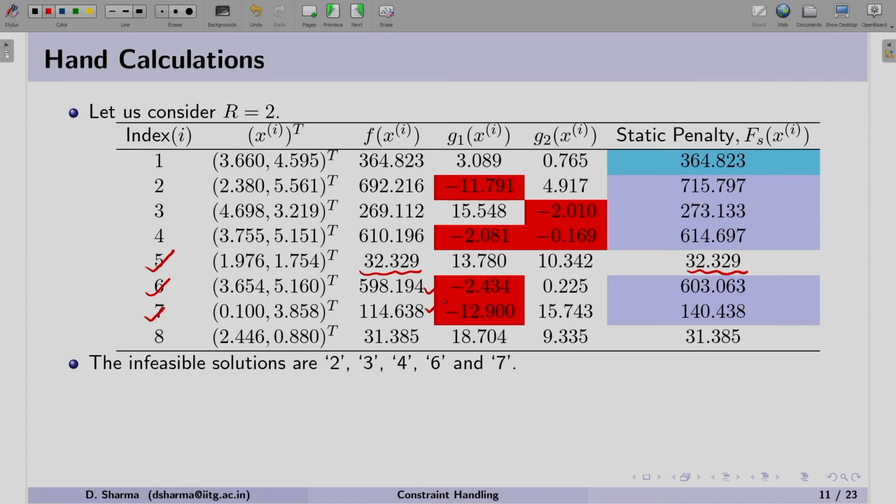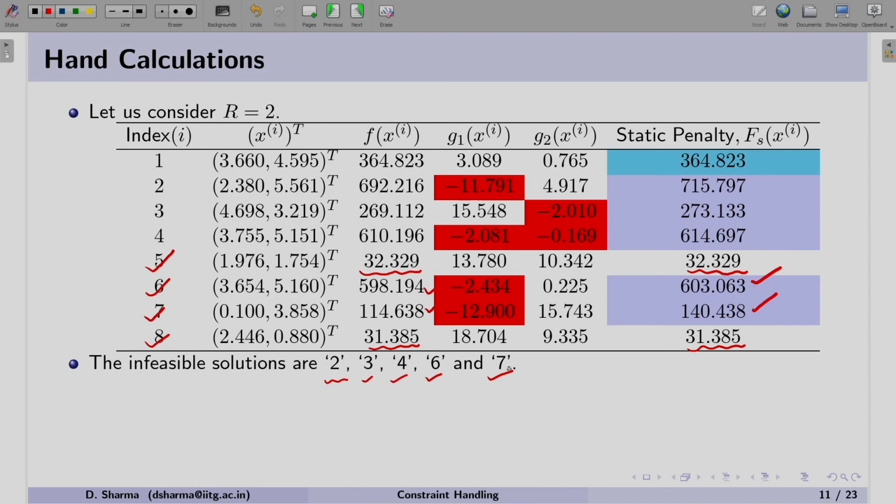So, these two solutions are infeasible, and accordingly we calculated the fitness value for both of them. And solution number 8 is feasible, so we can see the fitness is the same as the objective function value. From the table we can see that solutions 2, 3, 4, 6 and 7 are the infeasible solutions.